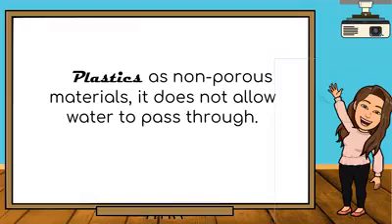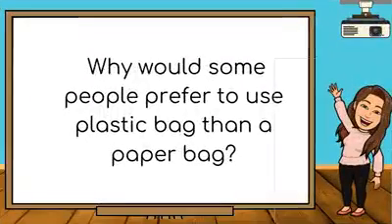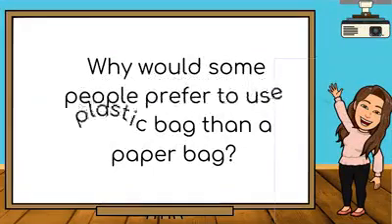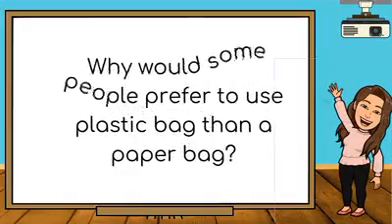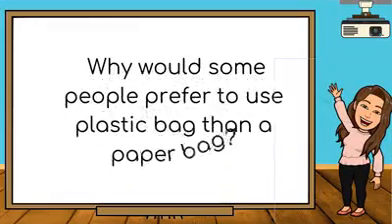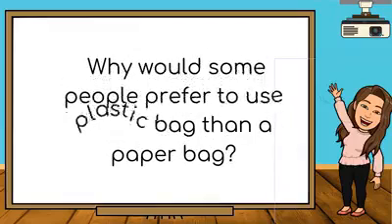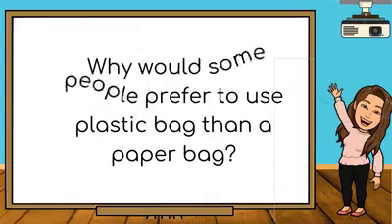A good example of this are plastics. They do not have tiny holes. It does not allow water to pass through. Although there are materials that cannot absorb water, they can still be of use. For example, why would some people prefer to use a plastic bag rather than a paper bag?